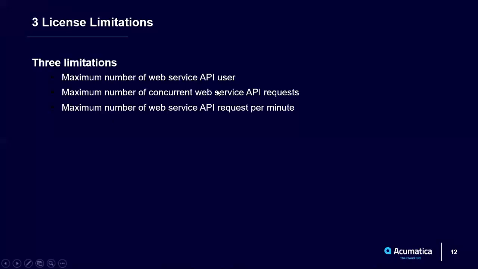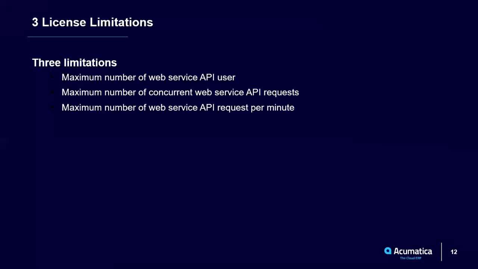The maximum number of concurrent web service API requests is the maximum number of requests that can be executed simultaneously. If you have already reached that limit, there is a queue, so the request will not be denied immediately. It will be put in the queue to execute once one of the spots for these concurrent web service API requests is free.